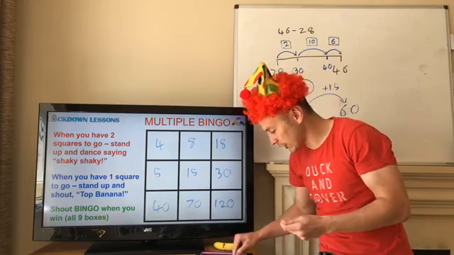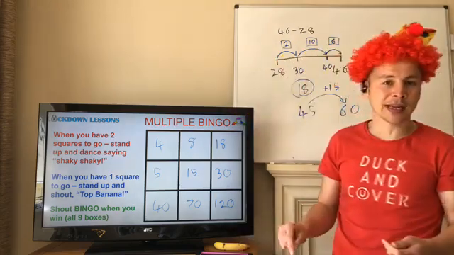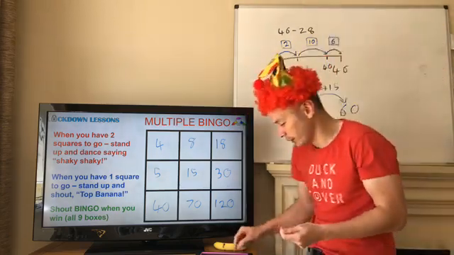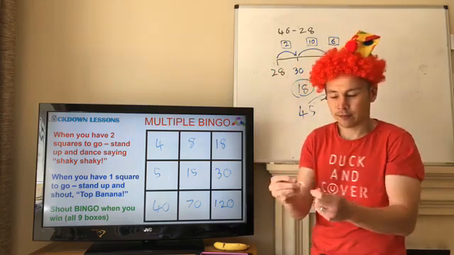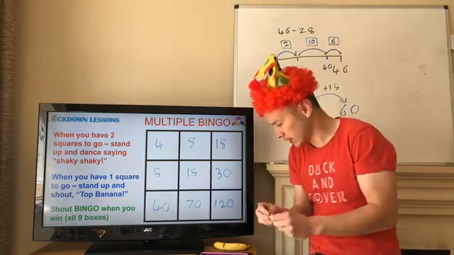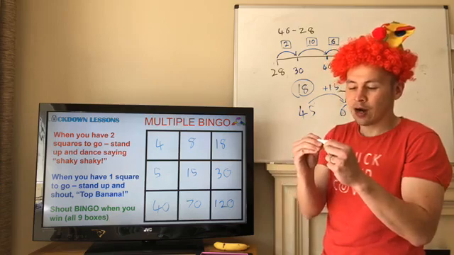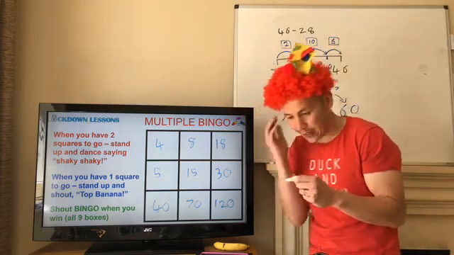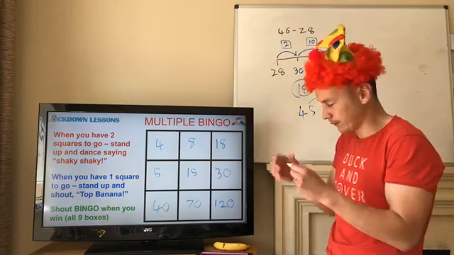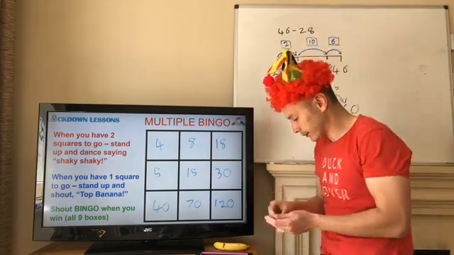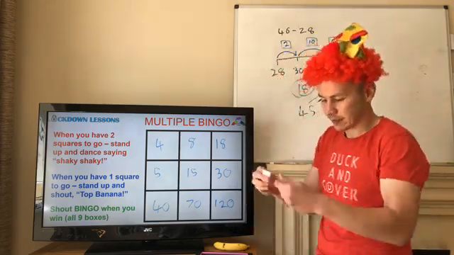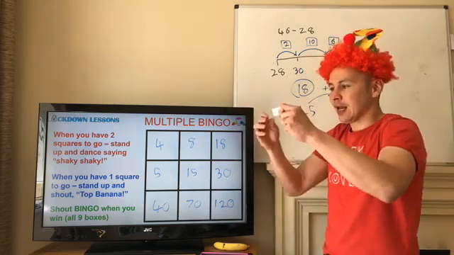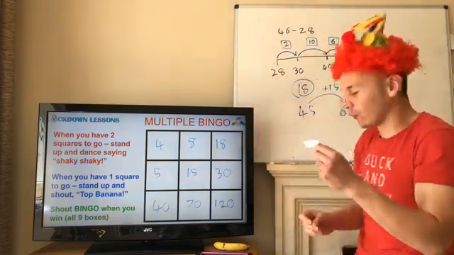Anybody getting close? Any shaky shakies? Any top bananas? It's going to start getting intense soon. I'm telling you, these shaky shakies are coming. Next one, we have 8 times 5. Right, 10 times 12, 12 tens.